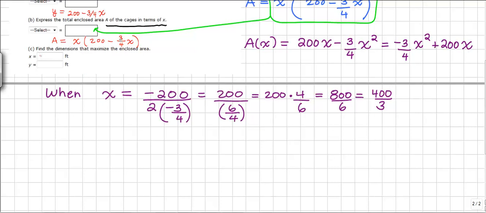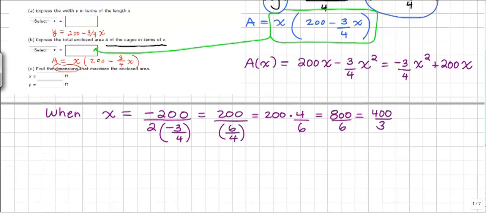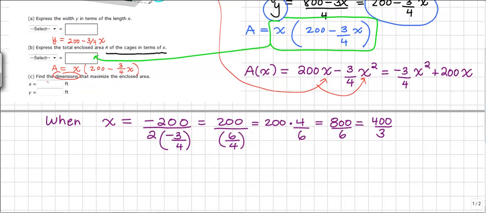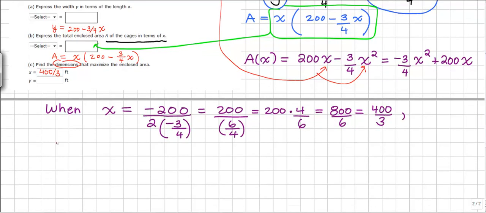So the value of x in part C, when it says dimensions that maximize the total enclosed area, remember x was built into our formula as the length x. We have identified that when x is 400 thirds, the area will reach a maximum.